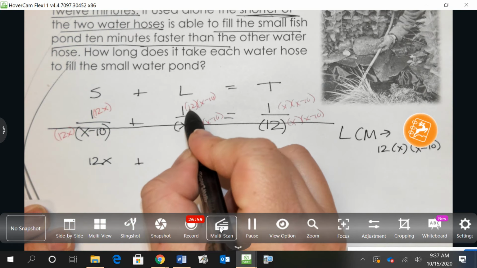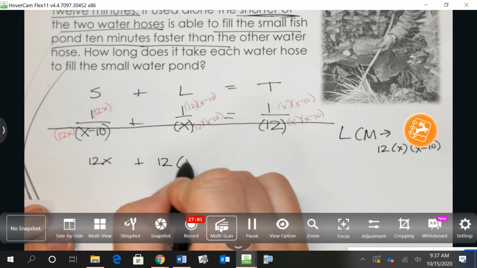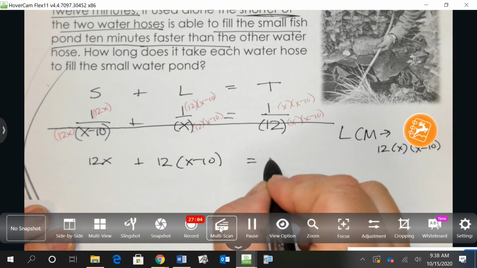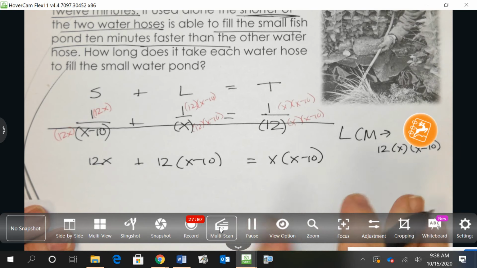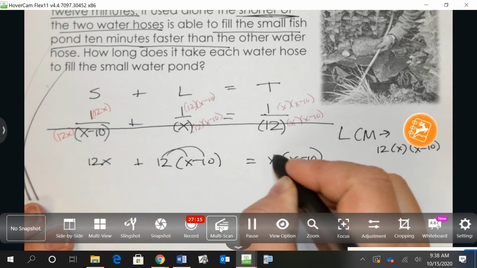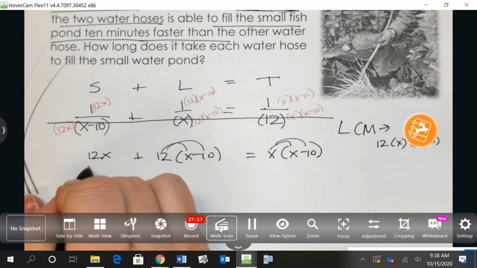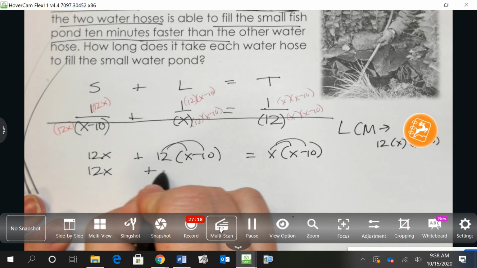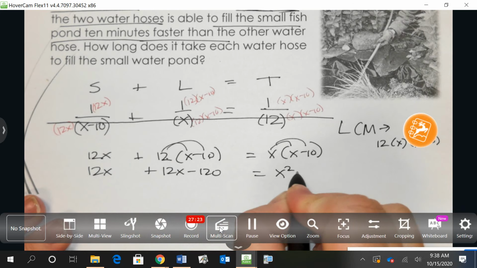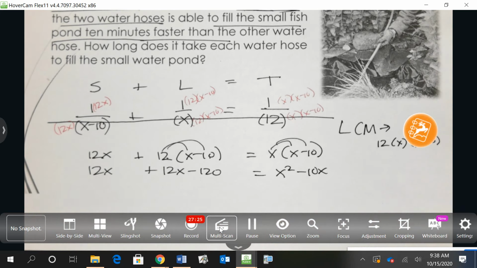Okay, now watch here, I need to take the 12 times 1, and then I will distribute it to the x minus 10. 1 times x is x, and I will distribute it in the next step to the x minus 10. Okay, let's distribute here. So I have a 12x, okay, 12 times 10 is 120, and an x squared minus 10x.